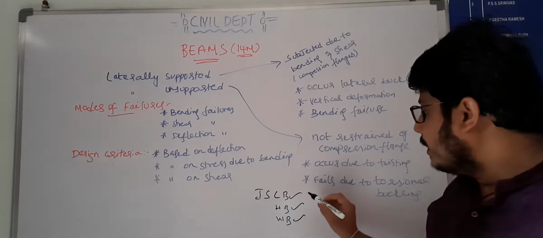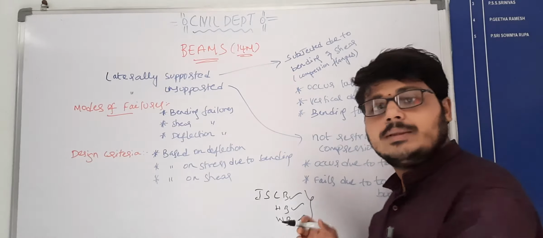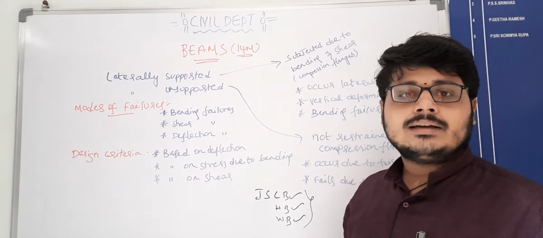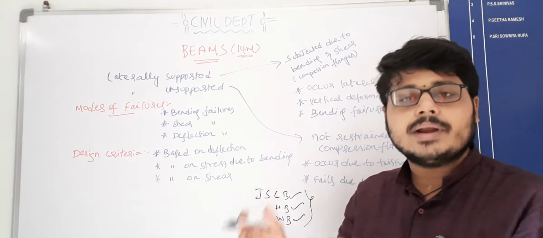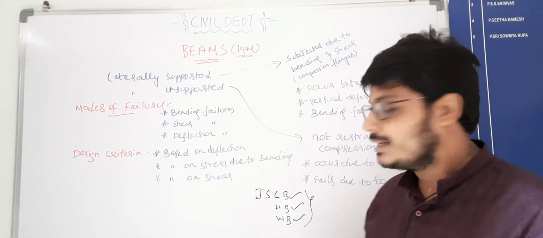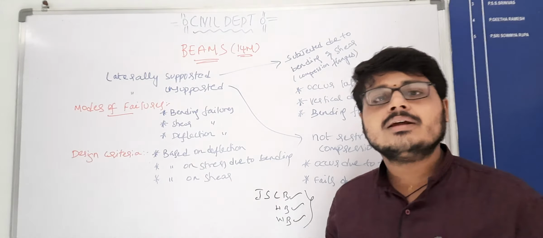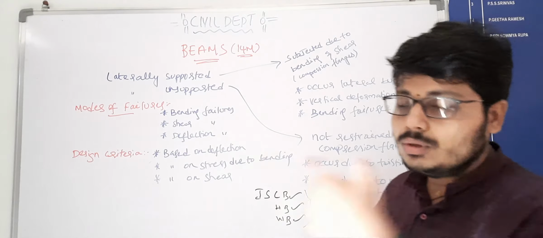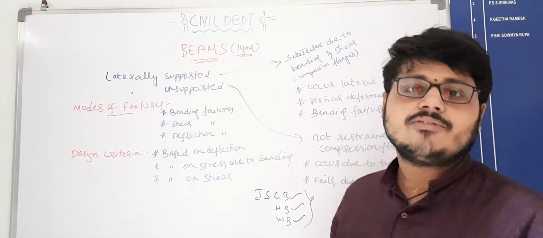So here in these three sections, how the beams are calculated: deflections, shear forces, bending moments, whether the section which we have taken to do the design of the beam is safe or unsafe.